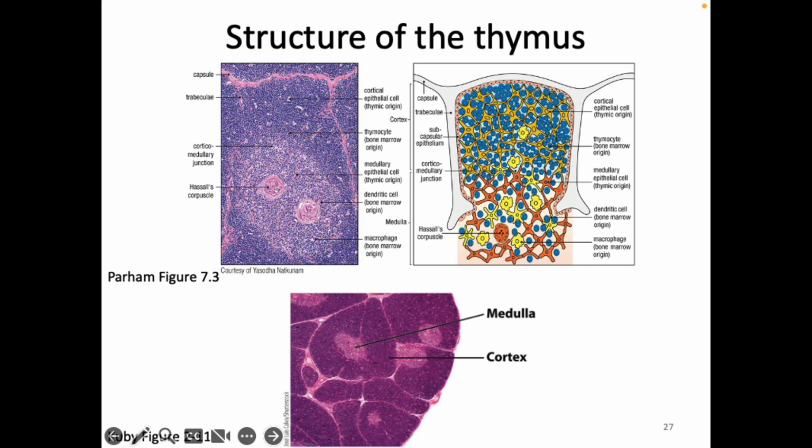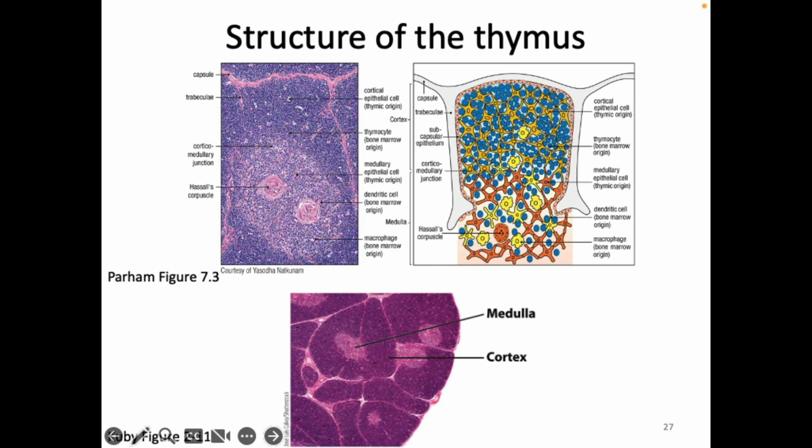We can also just say they're the structural cells of the thymus. And the developing T cells make a lot of contacts with the thymic stroma, the stromal cells. That is going to be really critical in what's going on in T cell development.